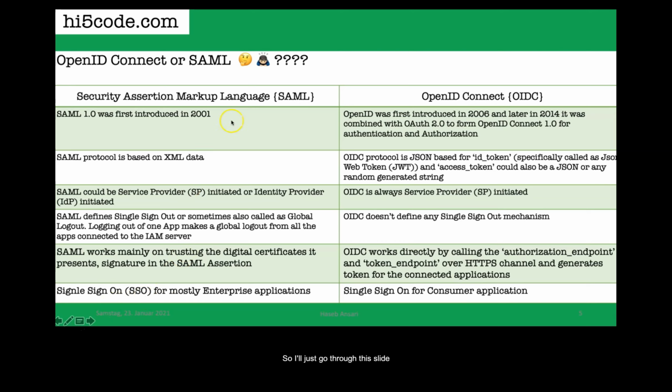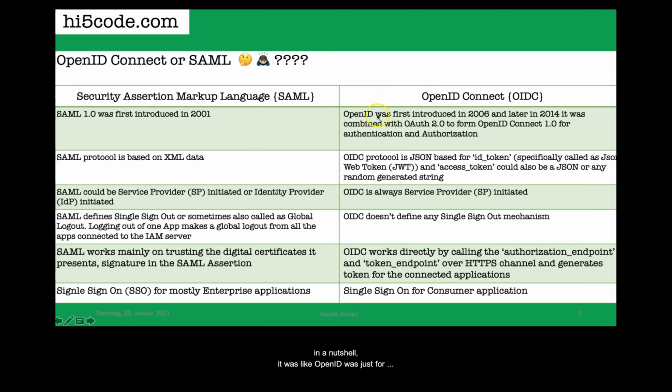I'll go through this slide very briefly, and it is straightforward, so you can also take notes directly from the slide. SAML was born before OIDC, in the year 2001. It was first introduced as SAML 1.0, and OpenID was first introduced in 2006, and later in 2014 it was combined with OAuth 2.0 to form OpenID Connect.